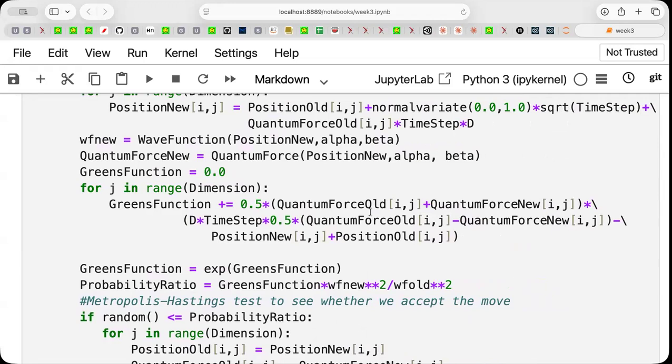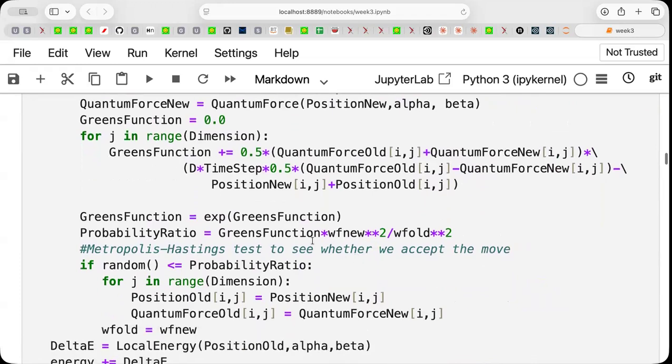One comes from the denominator and one comes from the numerator. So then I'm evaluating the argument to the exponentials of a ratio of exponentials.